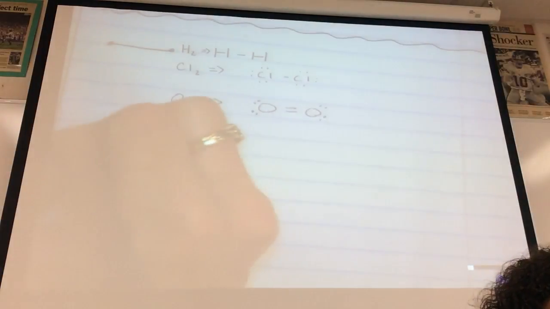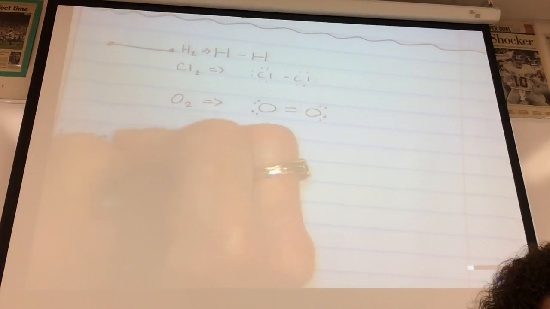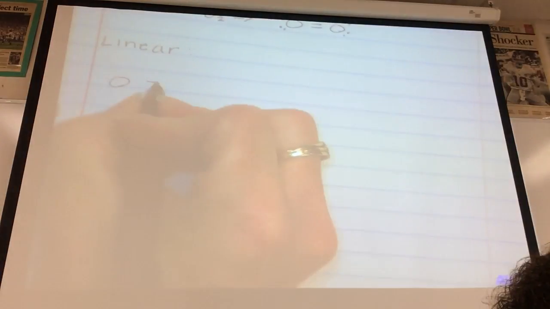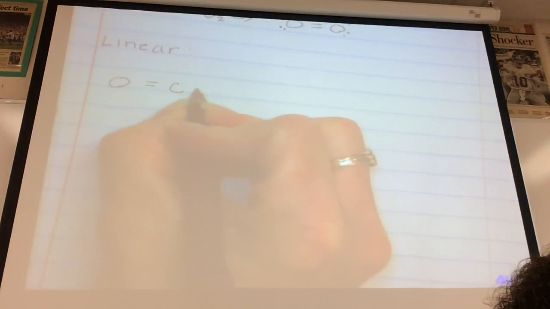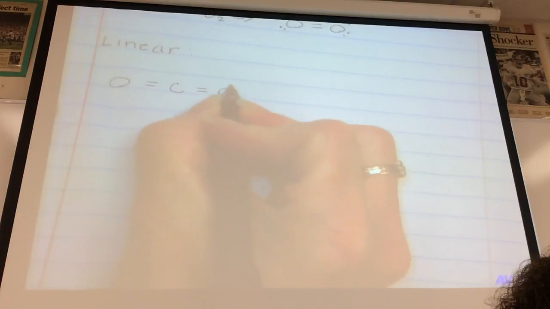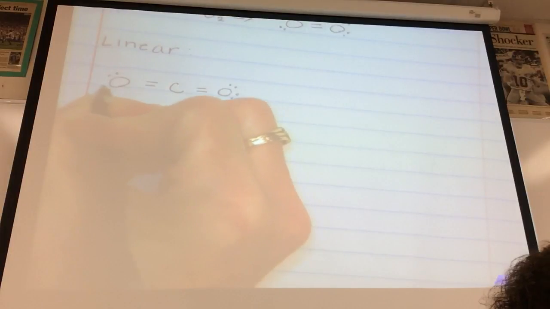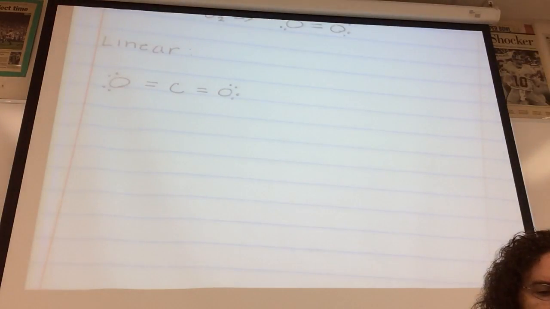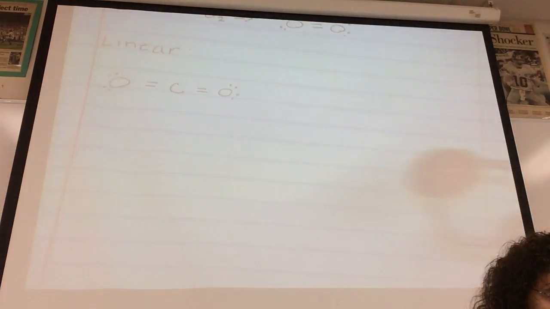So let's focus a little bit more on the linear shape when you have more than 2 atoms. For example, we looked at carbon dioxide previously. Carbon dioxide, you have a carbon bonded to 2 oxygen atoms. These 3 atoms are in a straight line.